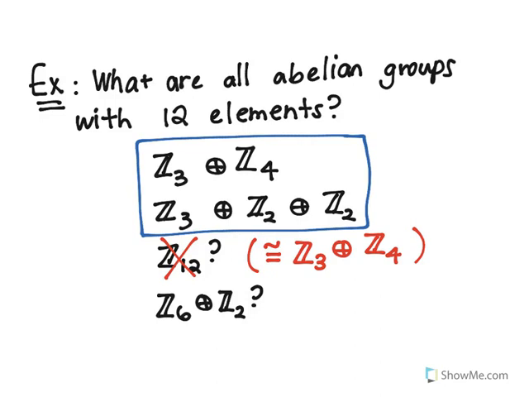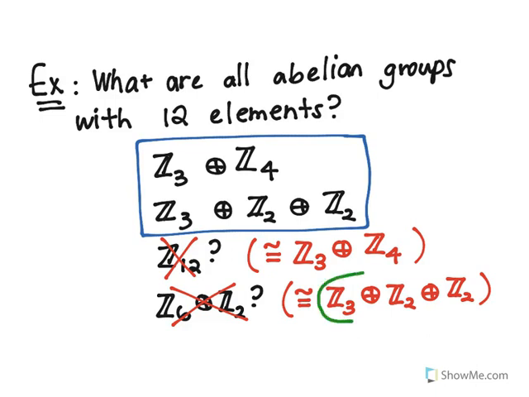If you're being a little bit more creative, you might say, why isn't Z6 plus Z2 on my list? And the answer to that is, again, it's isomorphic to something I've already written. In that case, it's isomorphic to Z3 plus Z2 plus Z2. How do I know that?